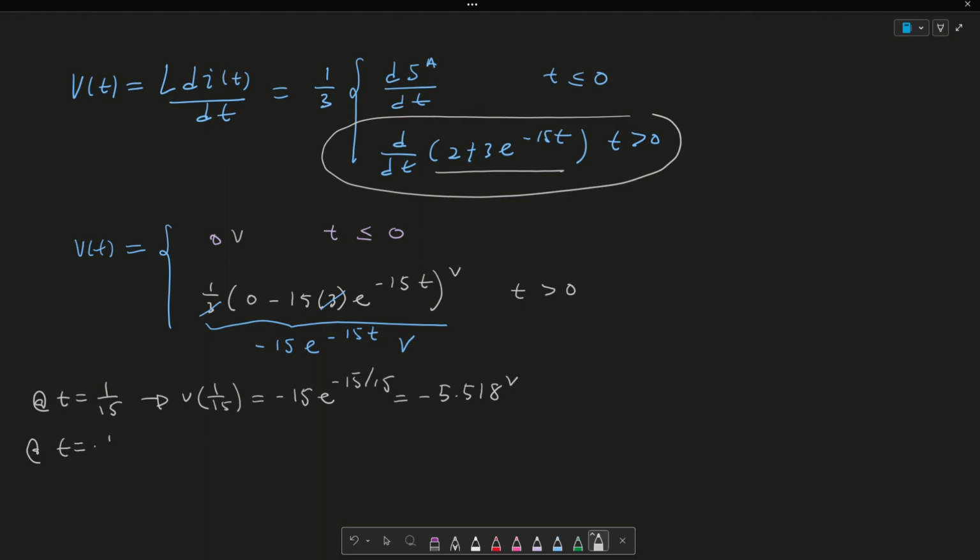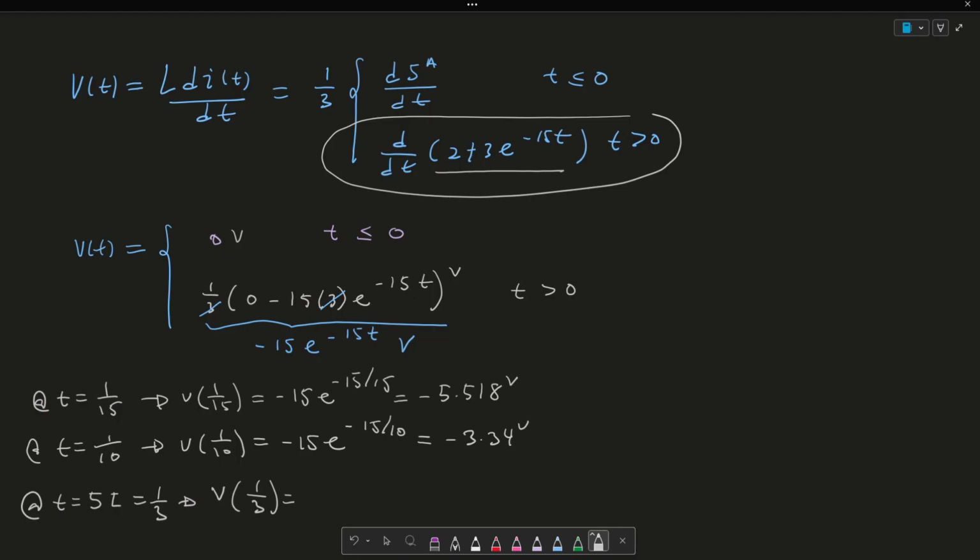At t equals 1/10, we get v of 1/10 equated to minus 15e^(-15/10), which is minus 3.34 volts. And at t equals 5 tau, which is equal to 1/3, we get v of 1/3 equated to minus 15e^(-15/3), which is equal to minus 0.101 volts.